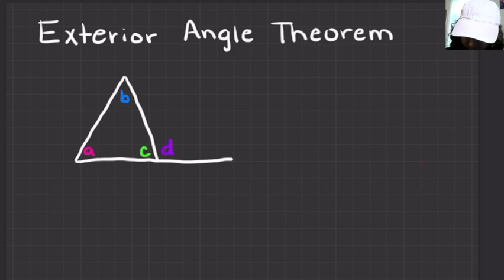There's an angle that's formed here, and we'll call it angle D. Okay, that angle D is an exterior angle to that triangle, okay?